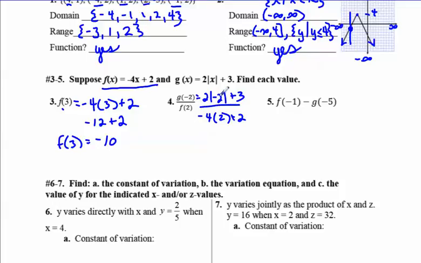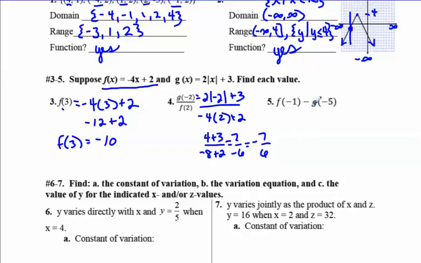So in your numerator, absolute value of negative 2 is positive 2. So I have a positive 2 times a 2, that gives me 4 plus 3. In the denominator, I have negative 4 times 2, that's negative 8 plus 2. And then let's add, and I have 7 over negative 6, which is negative 7/6.